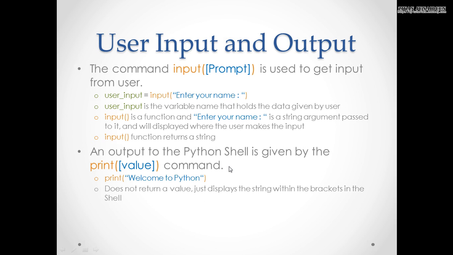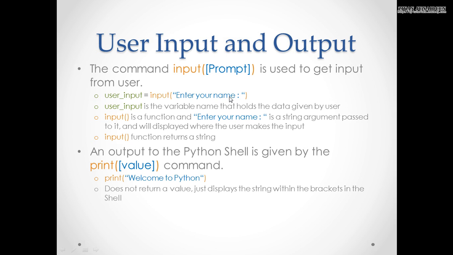When considering user input and output, the input function will handle user input. The input function takes an argument. The argument is what you supply to a function, the data that you supply to a function, and the input function will return the user's input to the program. So inputs are handled using the input function, and you give a string as an argument, and this string will be displayed to the user.